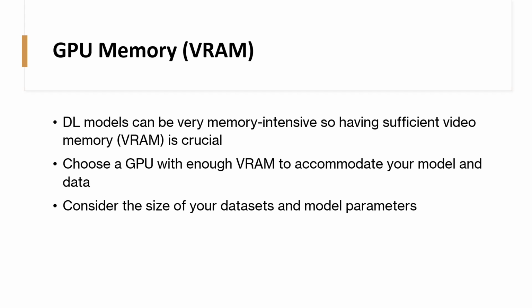If you can't, you have to get creative, and like I said, there are ways, but it just makes things a lot more complicated. So if you can, this is a big thing. And then consider the size of your data sets and model parameters. Basically, just make sure that you're choosing something that's not only going to work for you now, but it's going to work for you in the future if you scale to larger models.